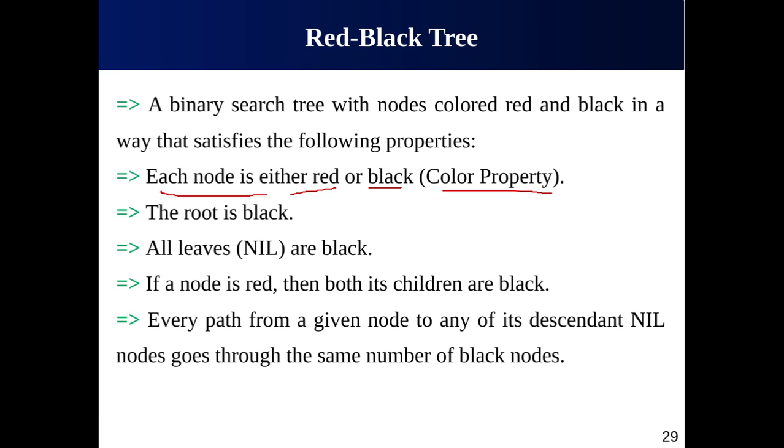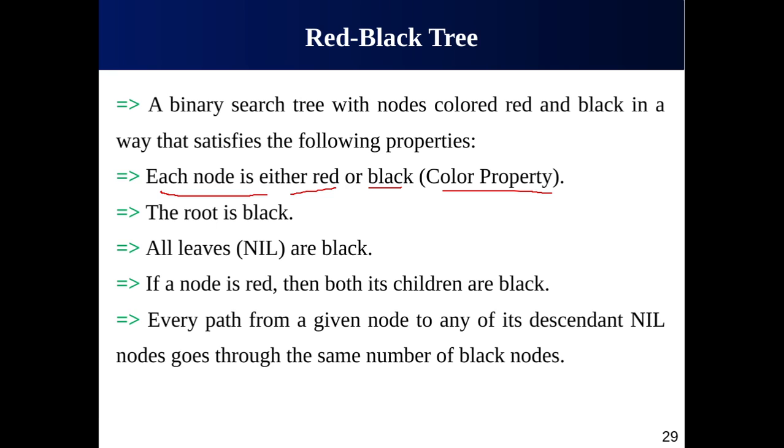Remember, sometimes we can omit the second rule, since the root can always be changed from red to black, but not necessarily the other way. So this rule has little effect on the analysis, and this is sometimes known as the root property as well. So generally the root is black, but sometimes we can omit this property.